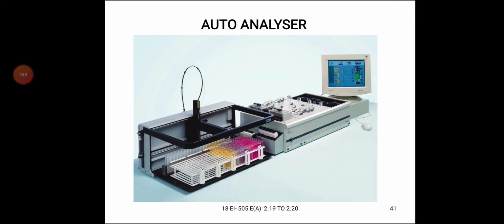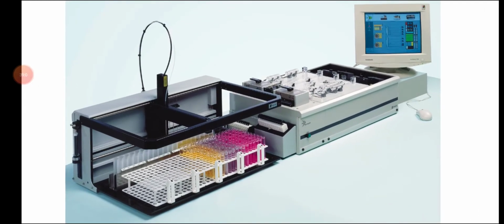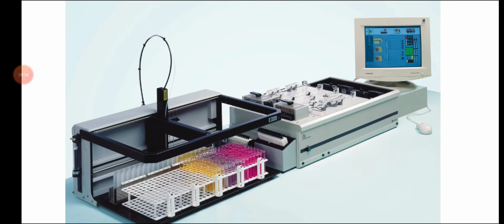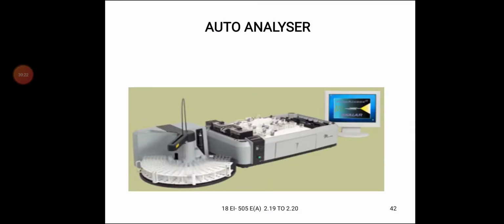The picture shown in the slide is a typical auto analyzer. The test tubes contain the samples, and each sample is considered an independent and separate entity to find its concentration. Another typical auto analyzer is shown in this picture.